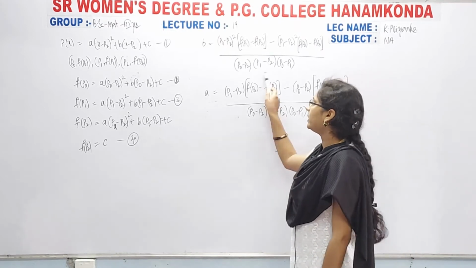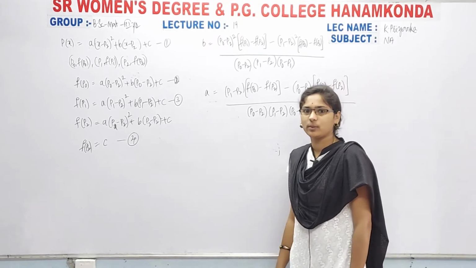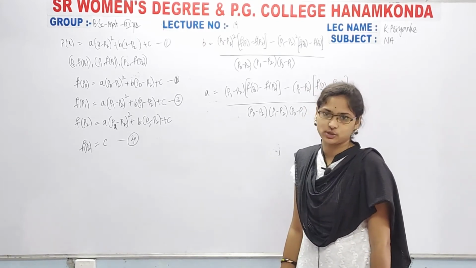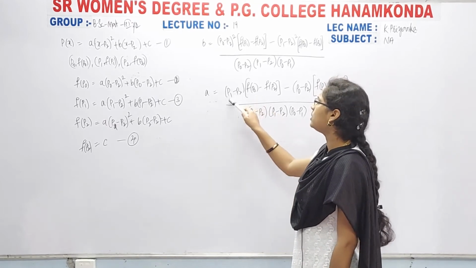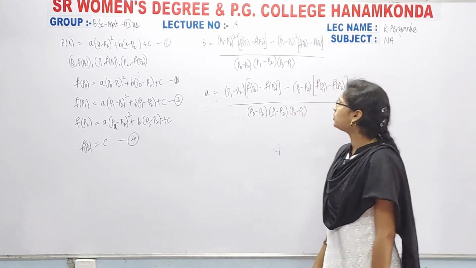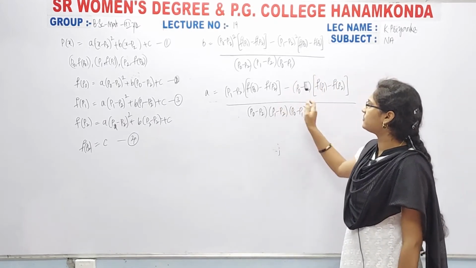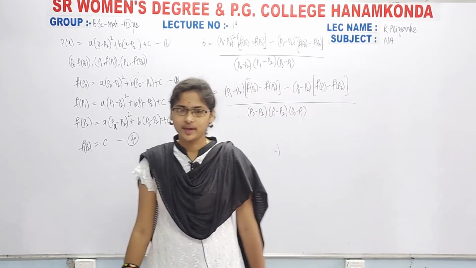The denominator is the same, p naught minus p2 into p naught minus p1 into p1 minus p2. You can write it in any way. Here we have only p1 minus p2, without any square. So we take this term first and then this one. These are the values for a, b, c.